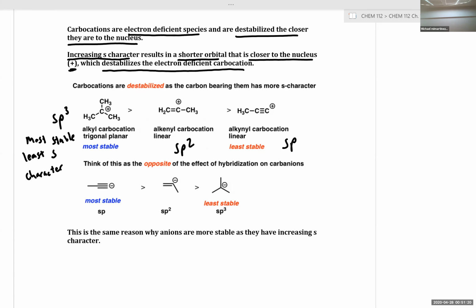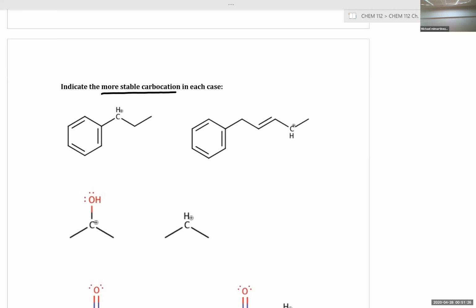So let's take a look at the following pair, and we'll have the left be A, the right be B. I'd like you to take a moment and type in chat, what do you think is the most stable carbocation in each case, A or B? And look at the structures really carefully and check how many atoms are participating in resonance.